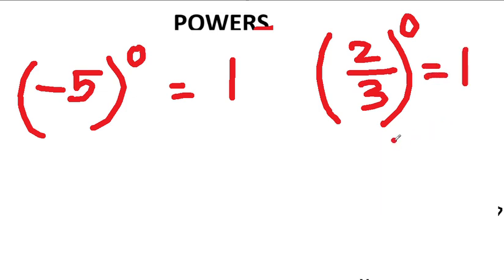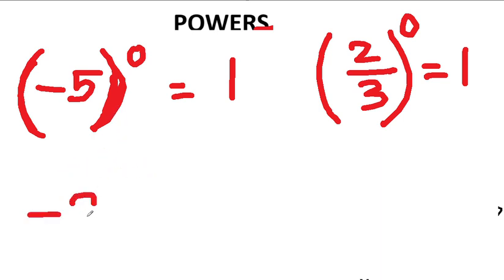Okay, it doesn't matter what the value is inside the bracket or the parentheses. Parentheses means brackets, okay? These signs are called parentheses in the US, and they are called brackets in the UK, Canada, and India. So if you have any number inside the bracket to the power of 0, that is equal to 1.